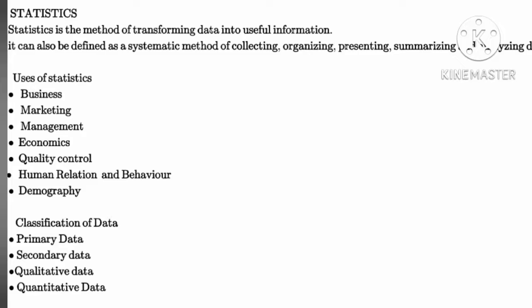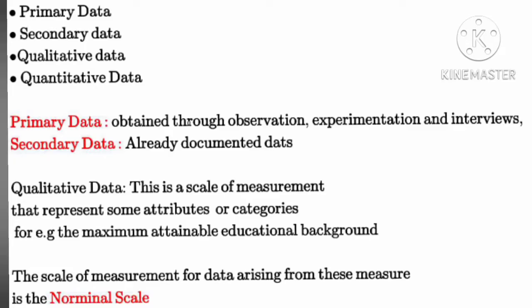But primary data is a source of information you have to source yourself, online or from the internet, your observation from an experiment, your interview. Those are primary data, while secondary data is the opposite. Then we have qualitative data, which is simply a scale of measurement.